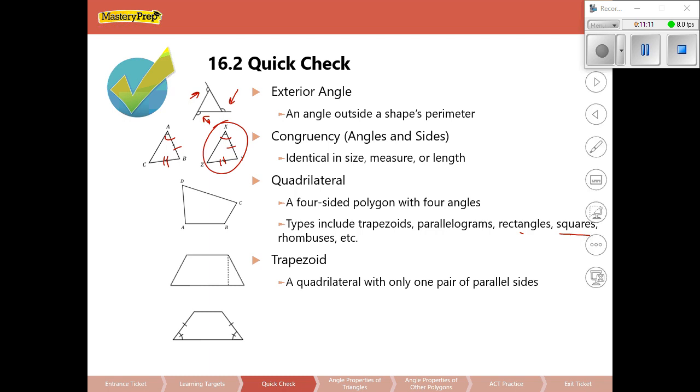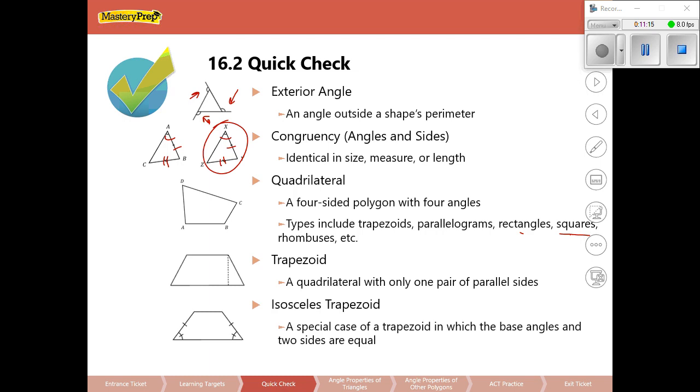Now, if we call it an isosceles trapezoid, well, it's a trapezoid with one set of congruent sides. And the congruent sides are going to be the non-parallel sides. And the base angles are going to be congruent, and the angles between the parallel sides actually add up to be 180.